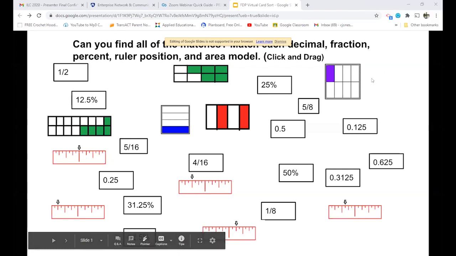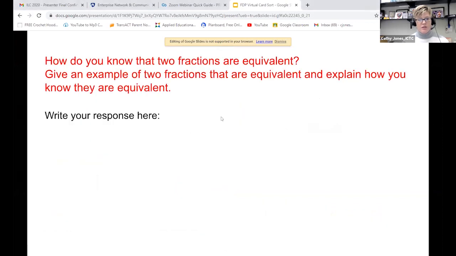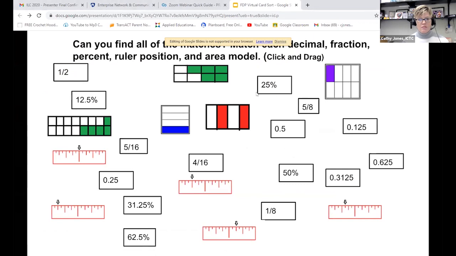Yes, that's great. Okay. So what the students would do is click and drag each of the different things, the percents, the decimals, the fractions. Then you can have those conversations, and it's kind of like your card sort, but you're doing it virtually.